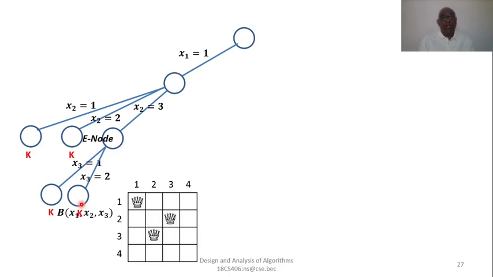You can have a look at the board configuration to see why the bounding function is not satisfied: the diagonal constraint is violated between queen 2 and queen 3, that is x2 and x3.